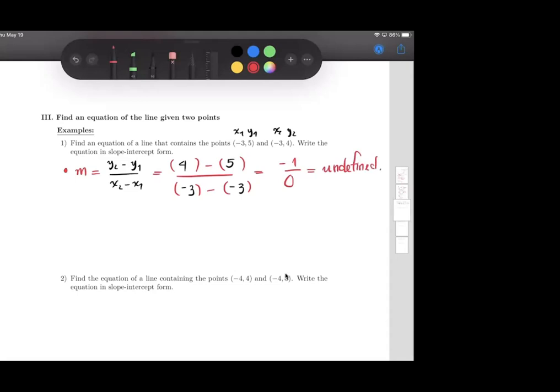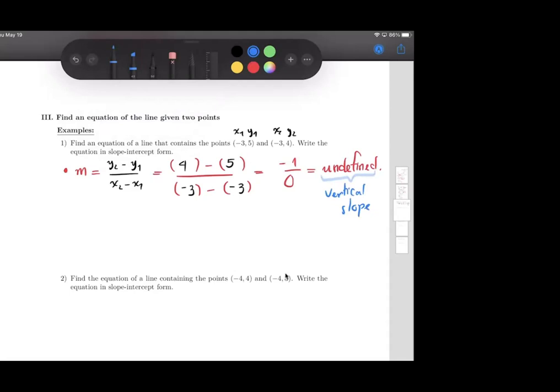Now, what does this undefined slope look like? It's vertical. Yeah, it's vertical, right? So you know that it's a vertical slope. Well, I cannot use a formula, because the slope is undefined. I cannot plug any number in for m.